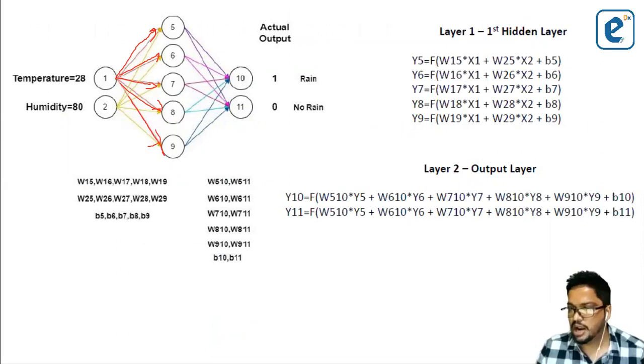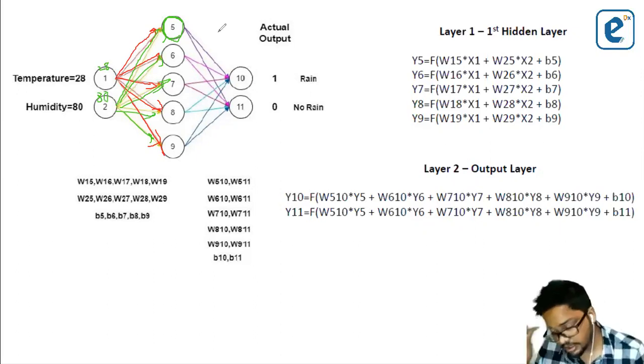Also, 2 is connected to this, this, and this. If you take neuron 5, we know the value of this neuron is 28, and this is 80. Those values will be forward propagated.